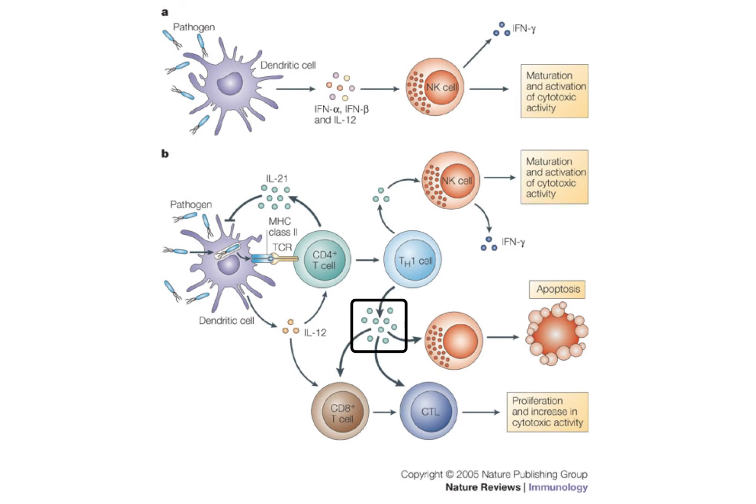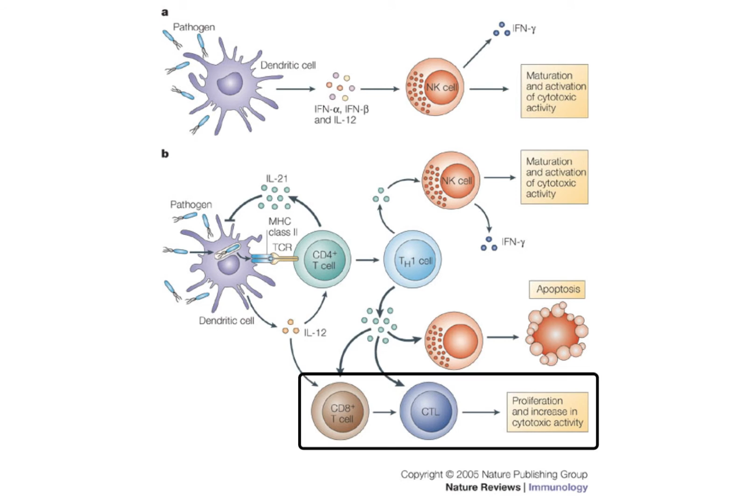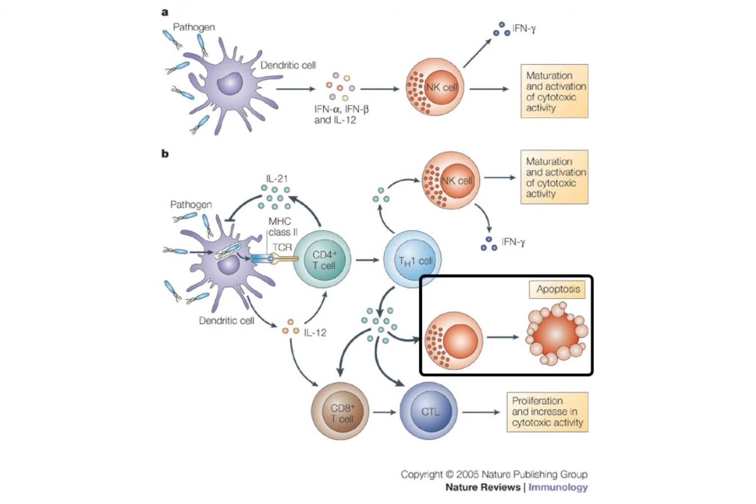Also, these will release other cytokines, some of which will activate these cytotoxic lymphocytes, which will cause them to proliferate and increase their cytotoxic activity. When those are activated, then these natural killer cells that act early in the infection are then destroyed, so they go through apoptosis.